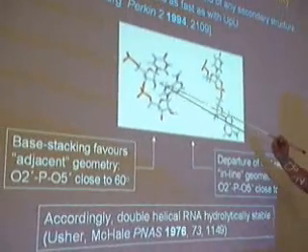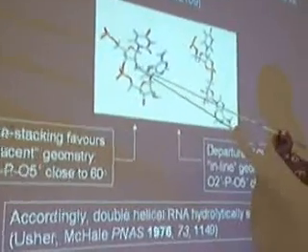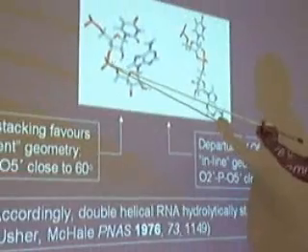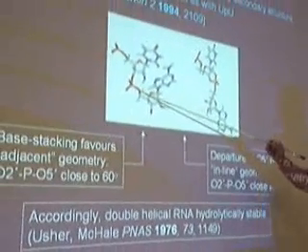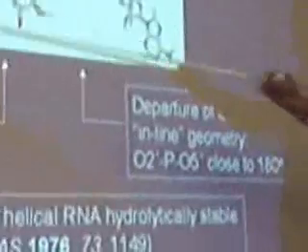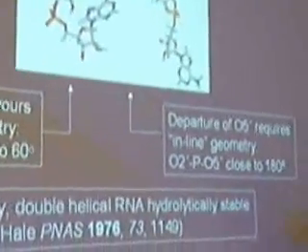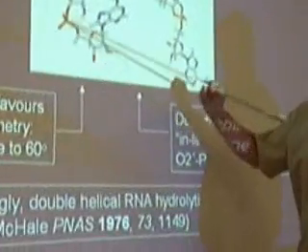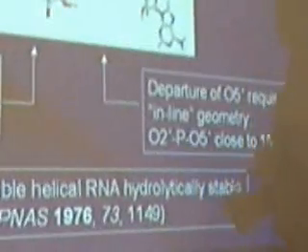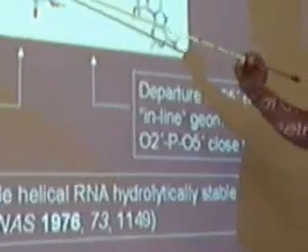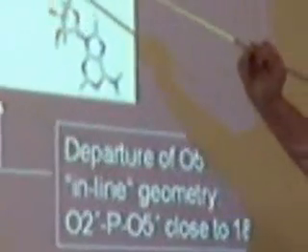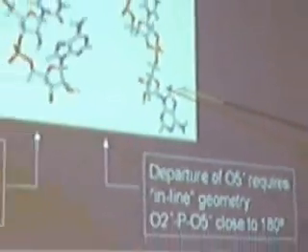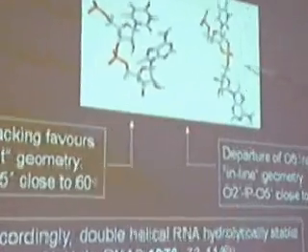It means that when this crucial reaction site, here the attacking nucleophile, phosphorus, and the leaving group, which can go through apical position only, must become collinear before the bond can be cleaved. So to cleave this bond we have to destroy the base stacking here and end up in this kind of open structure when it cleaves.